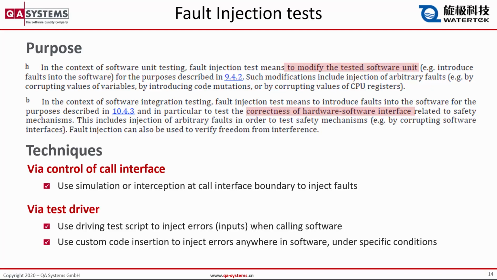However, some test drivers are capable of offering custom code insertion to inject errors anywhere within the software under specific test conditions. This custom code insertion, usually achieved through instrumentation, allows more fine-grained fault injection, so it could be used before or after any statement within the code, and is considerably more flexible than just making tests with injection at the very start of the calls or at individual call boundaries.